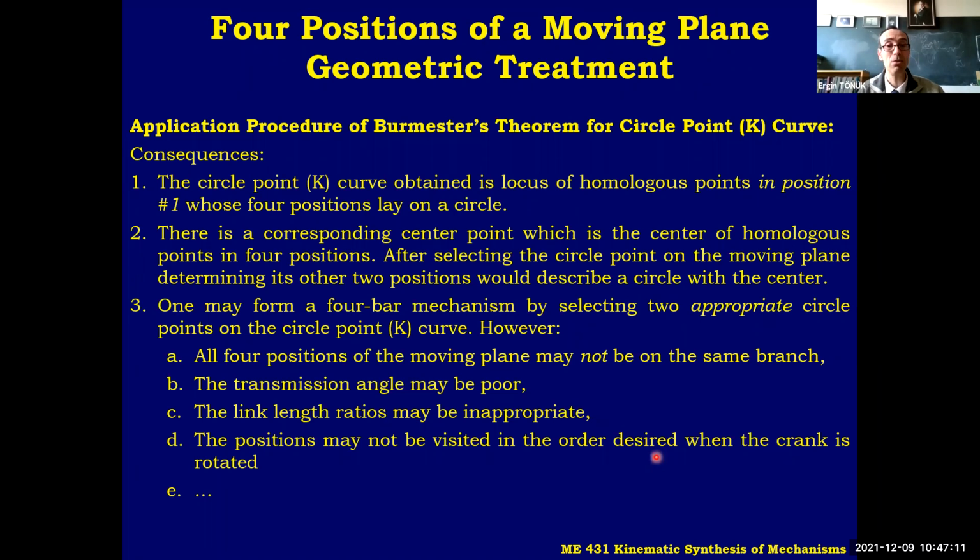But it might be in certain cases. For example, when you rotate the crank, you may want the plane to visit the positions in the desired order, okay? When the crank is rotating, you want positions 1, 2, 3, 4 to be visited in order. And it might not be the case. When you rotate the crank, first you see position, I don't know, 1, then 4, 3, 2. That's not too bad, actually.